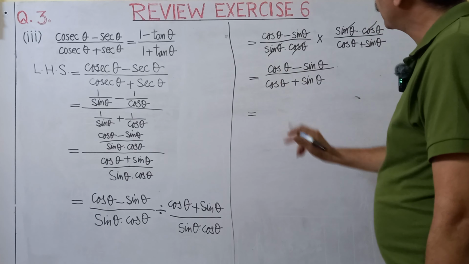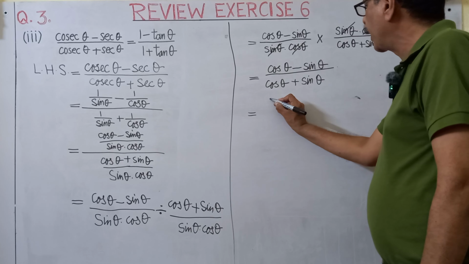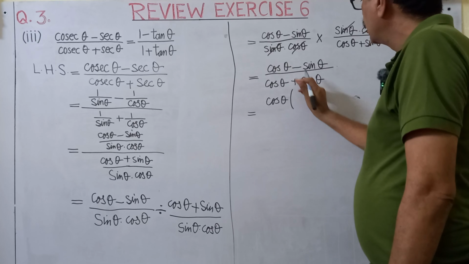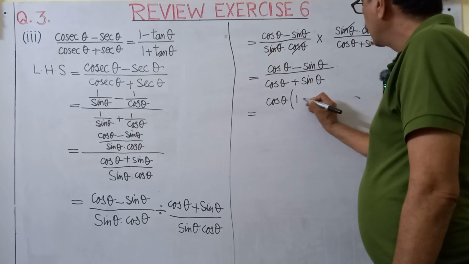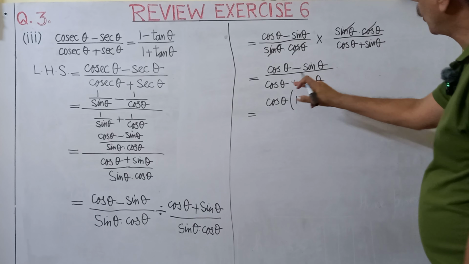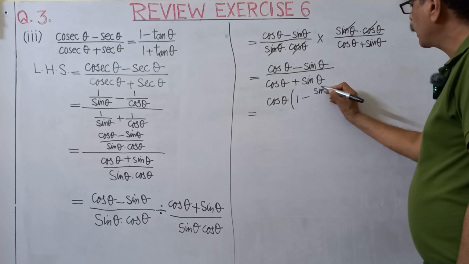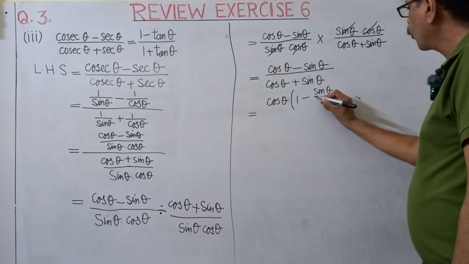In the numerator, taking cosine theta as common, cosine theta common, here comes 1 minus sin theta over cosine theta, because we have taken out cosine theta as common.